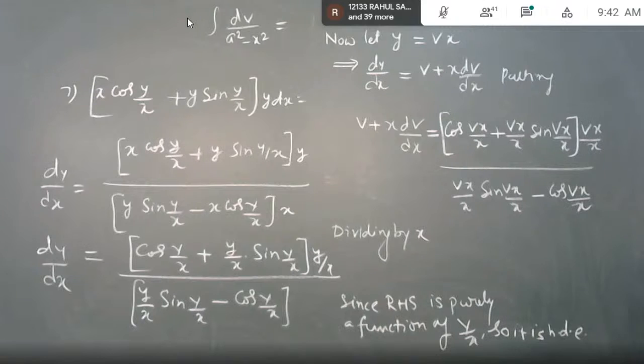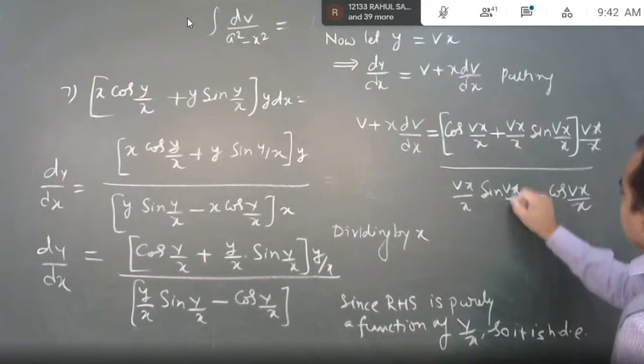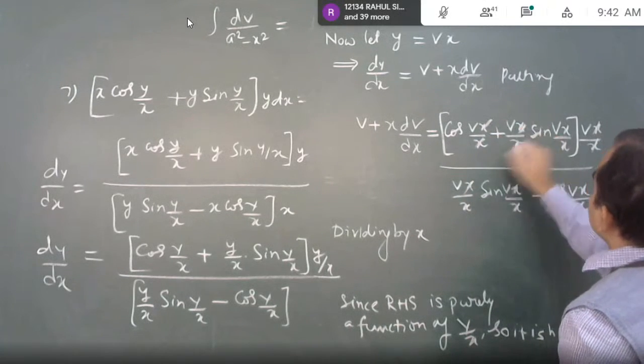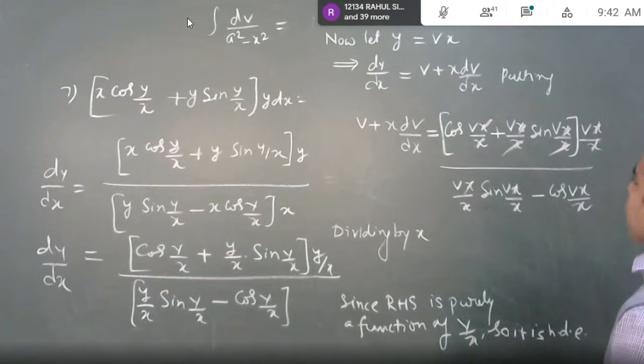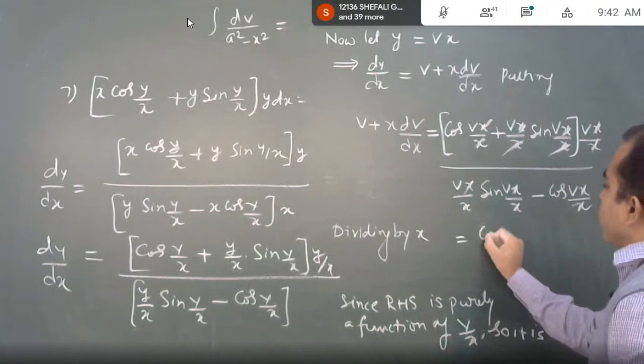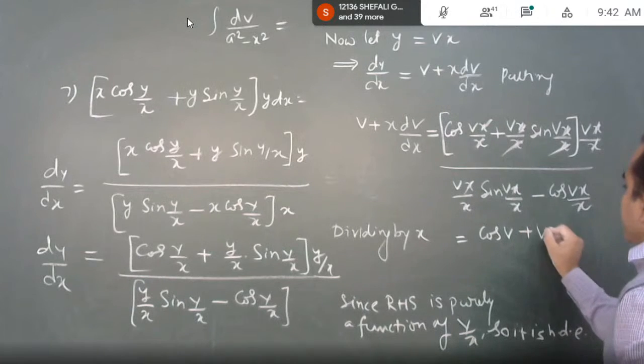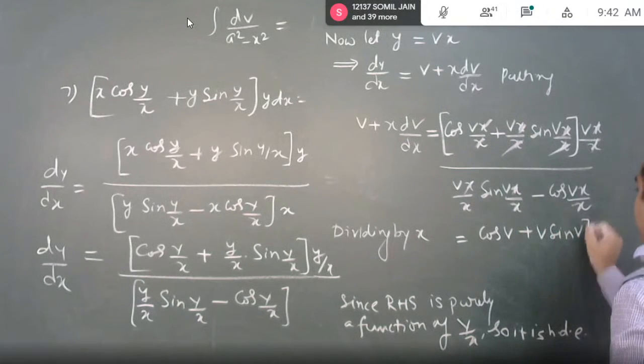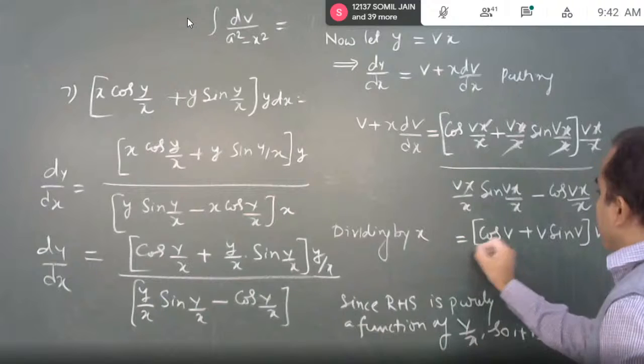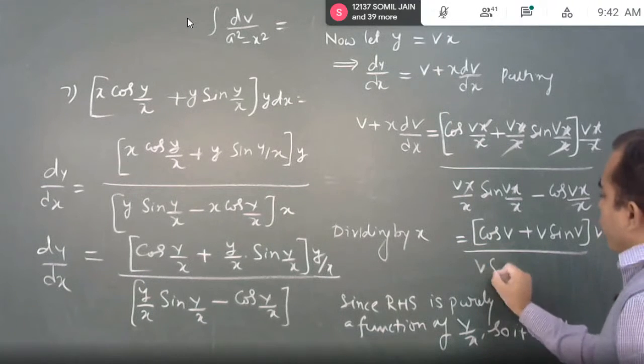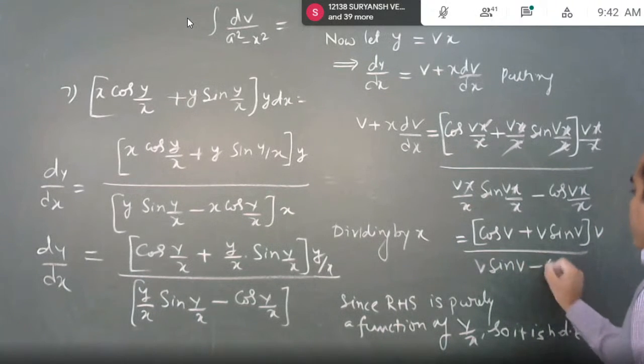Okay, so here x gets cancelled everywhere and this becomes cos v plus v sin v into v, whole upon v sin v minus cos v, right.